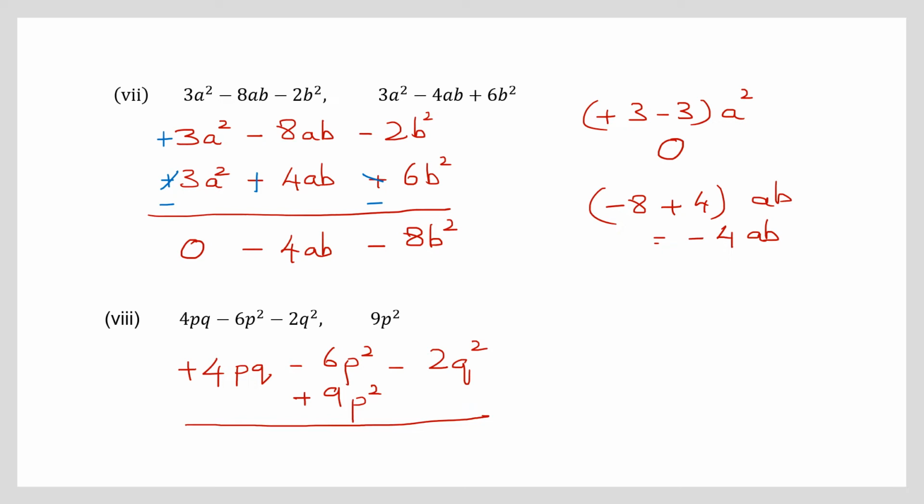So here, plus becomes minus. So now let's start working out. 4pq will remain the same. On the other side, minus 6 and minus 9 signs are the same. So let me add it up. 6 plus 9 is 15p square and minus 2q square.